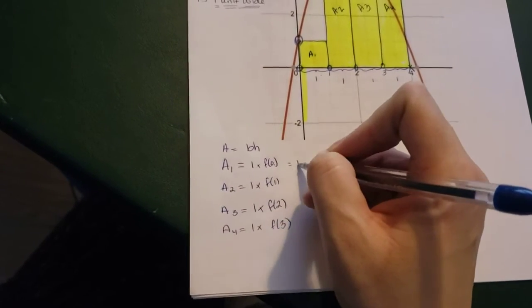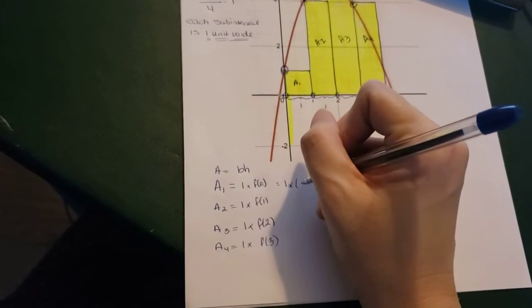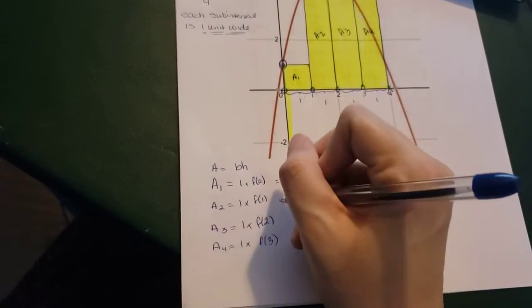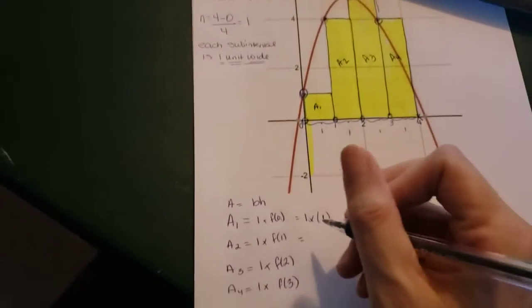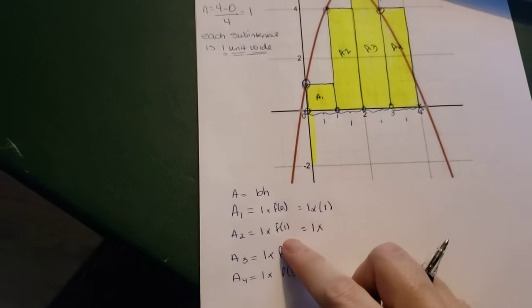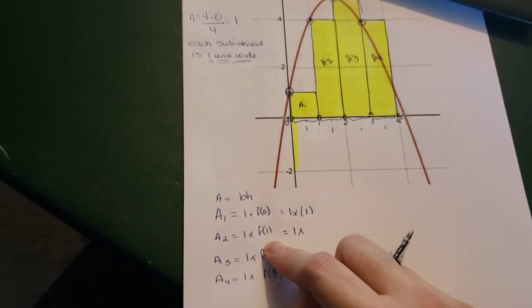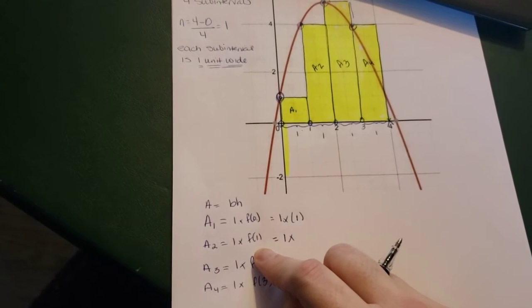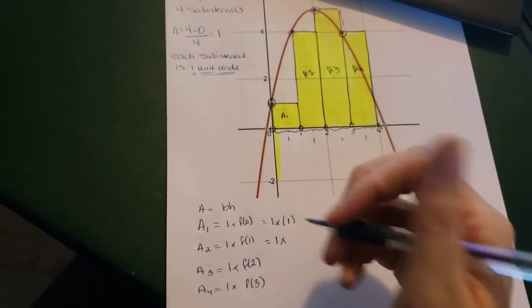So this would be 1 times f of 0, which is just going to be 1. Just remember our function is negative x squared plus 4x plus 1. So f of 1 would be negative 1 plus 4, which is positive 3, plus 1 is 4.